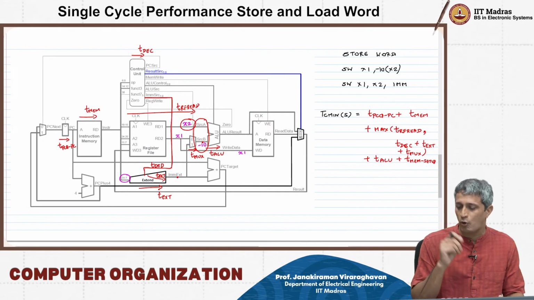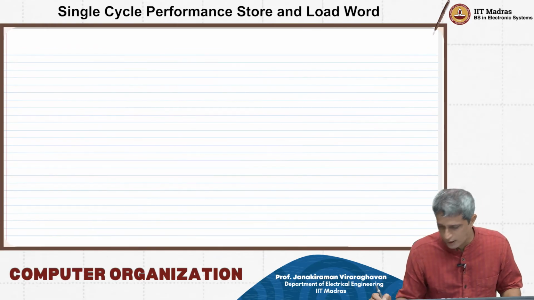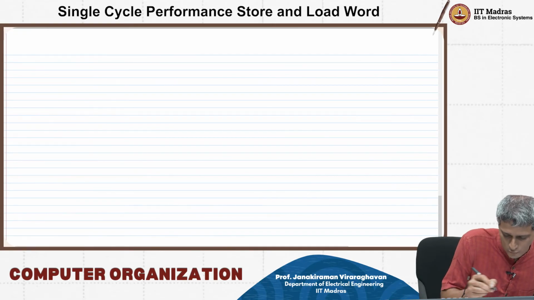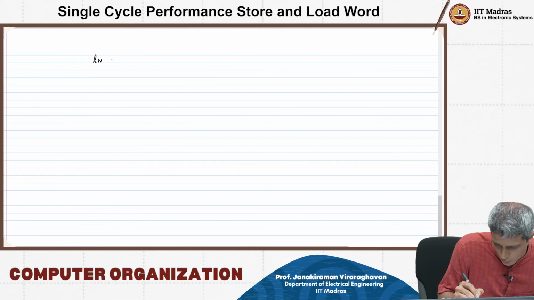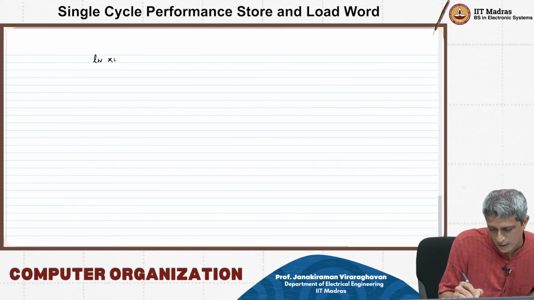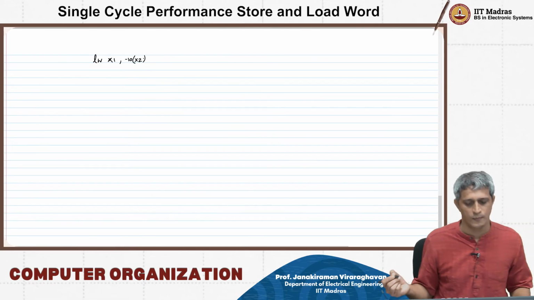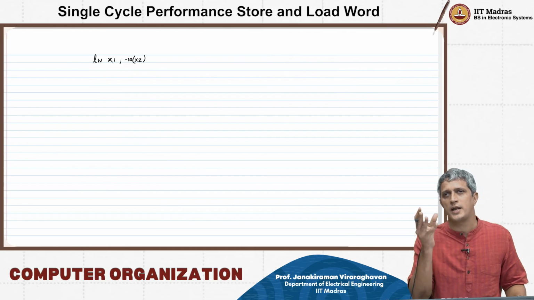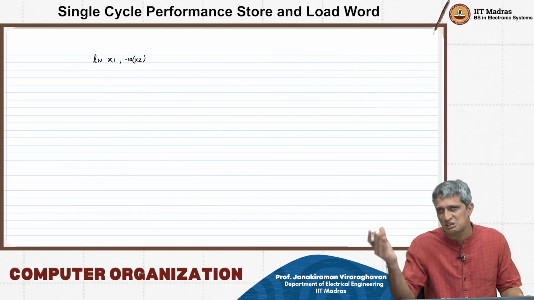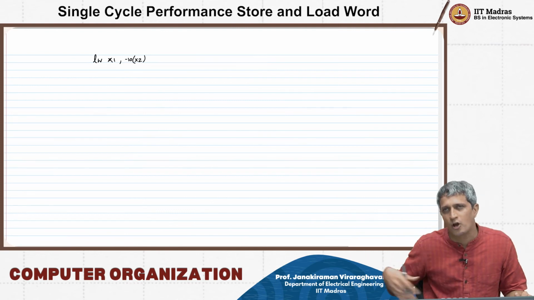So the key point to note here is the load word instruction, LW x1 comma x2 minus 10. We are trying to evaluate x2 minus 10, give it to this thing, and then you are trying to read that data back from the memory.